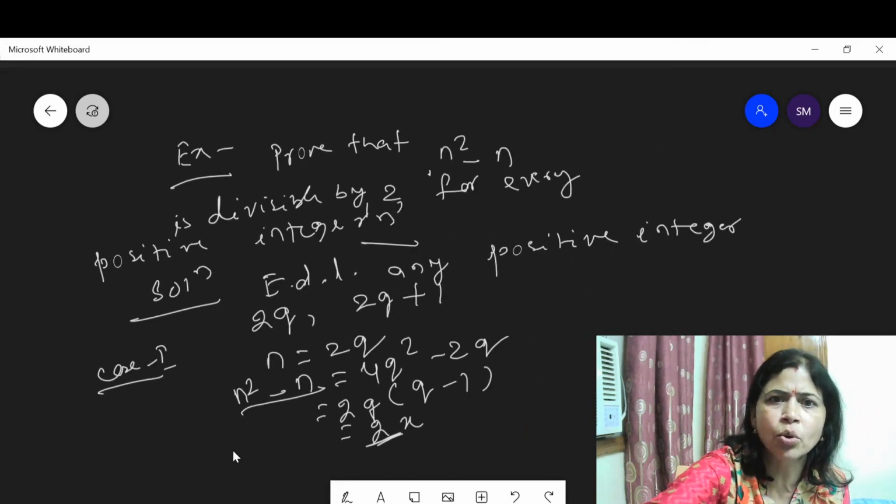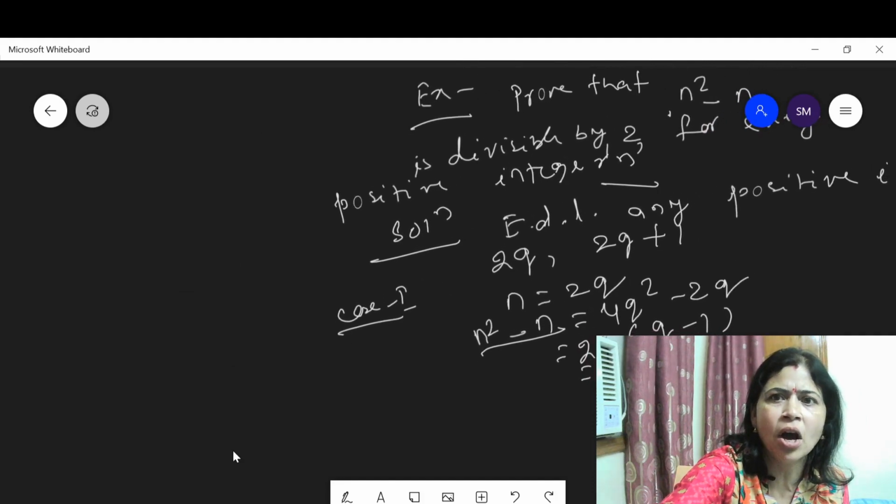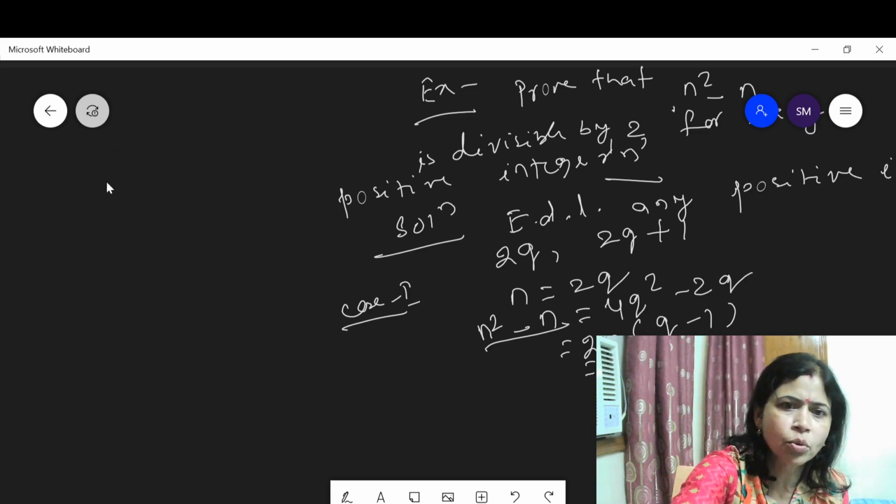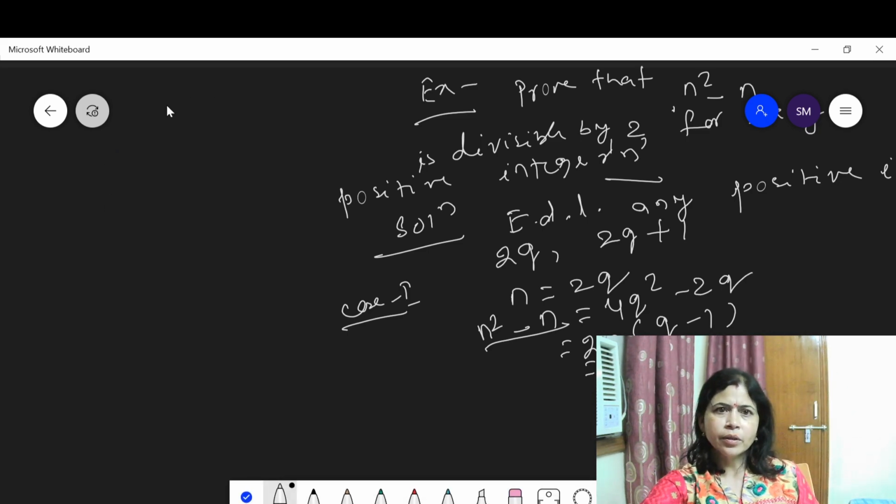For case 2, if n is an odd number, then this can be represented in the form 2q plus 1.